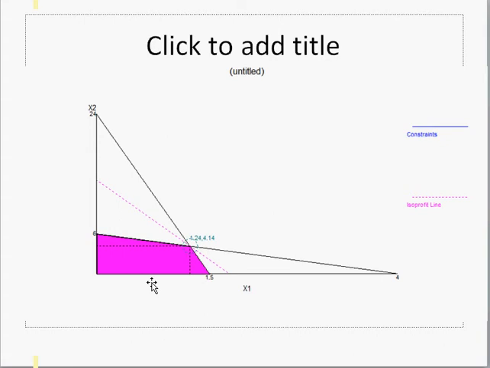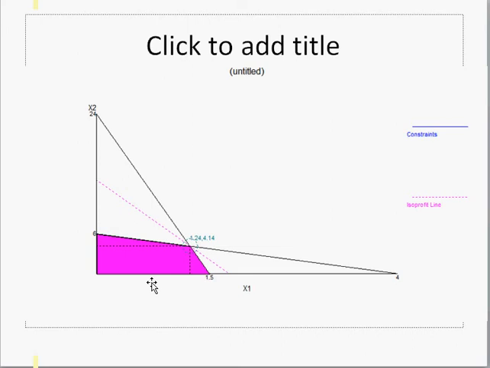And notice that in this case, the upper right-hand corner was the best. But imagine if that pink dotted line was flat, left to right. Well, if it was flat left to right, the way we could move it up and to the right would be to put it right on 6. Right? If it was flat on 6, that would be as high as it could go.